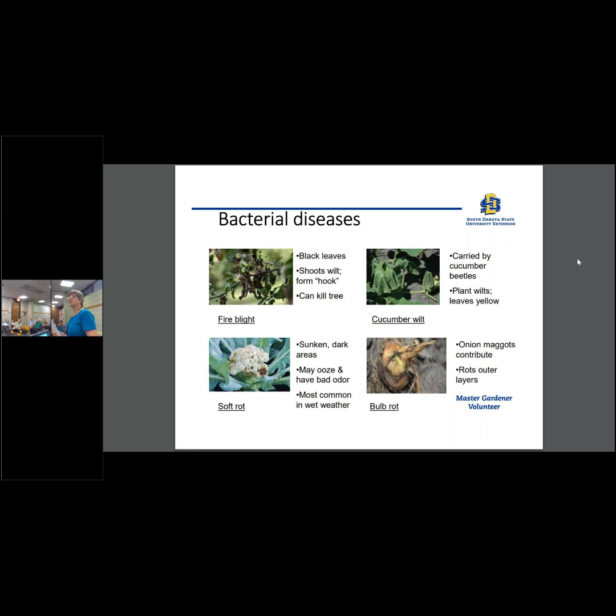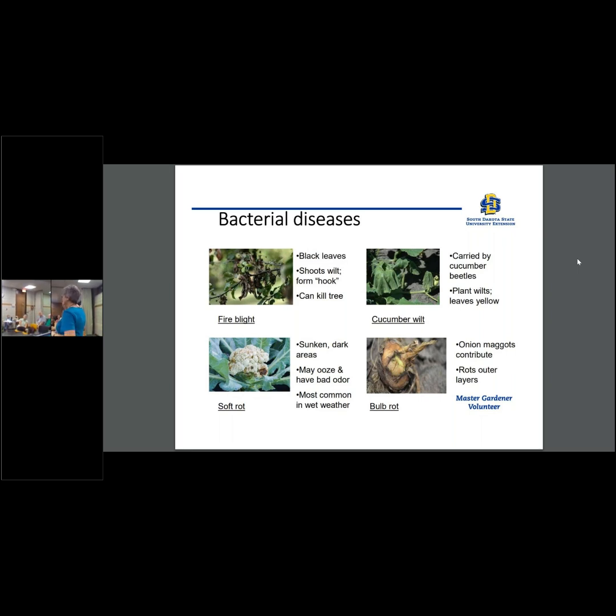Okay, wilts. That cucumber wilt is carried by cucumber beetles. The plant wilts, the leaves turn yellow. If you've ever had vine borers, it might look like that too. The difference is in a vine borer, the moth lays its egg at the base of the plant.